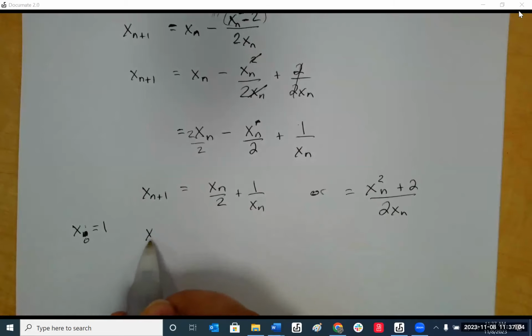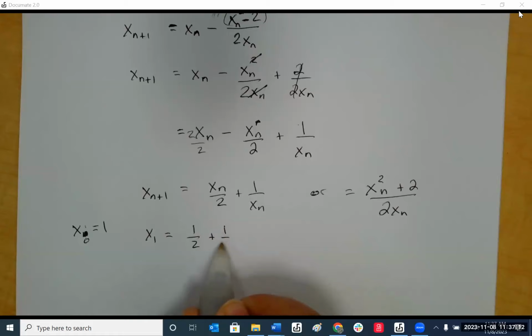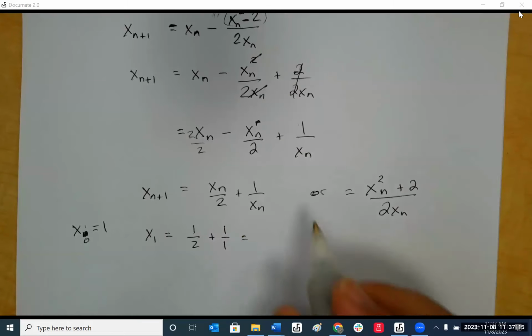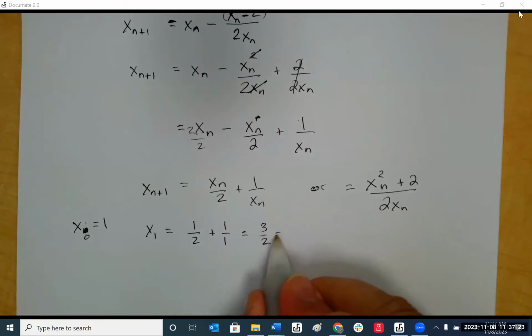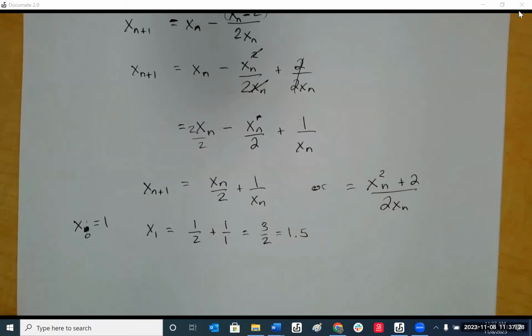So x sub 1 is equal to 1 over 2 plus 1 over 1, which equals 3 over 2. What do we do with that?